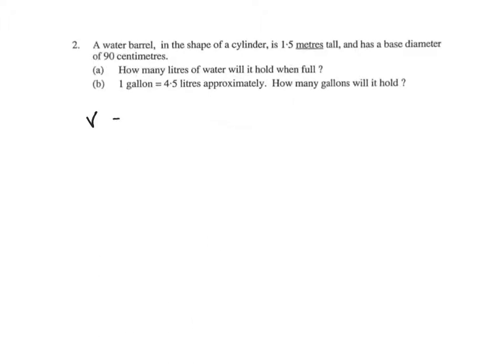So the volume of the cylinder is pi r squared h. Now we're told that the base diameter is 90 cm, so the radius of the base then is 45 cm.